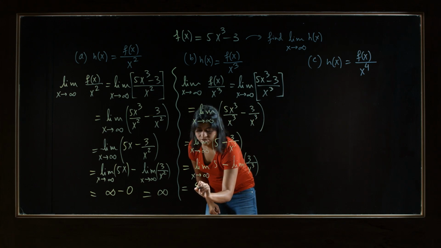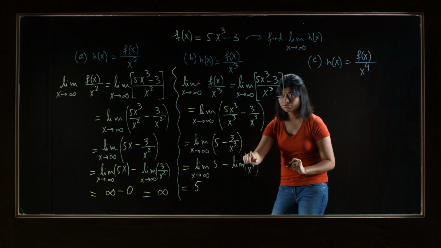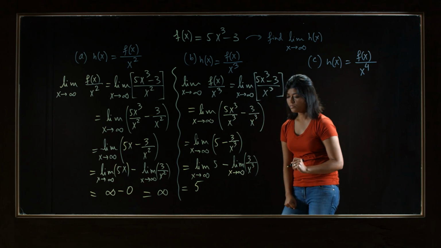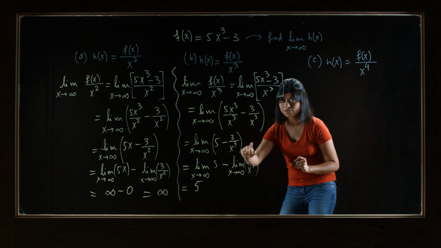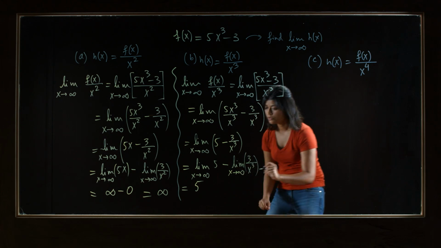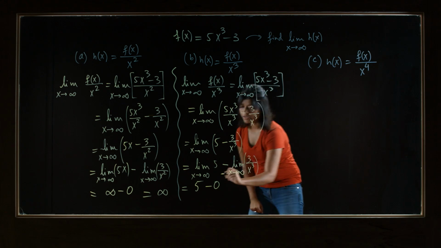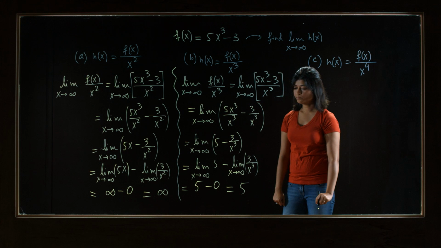So this limit is just 5. And for the second expression, 3 over x cubed as x goes to infinity, the denominator is getting large, so the entire thing is getting small, which means this limit is approaching 0. And so the answer is 5.